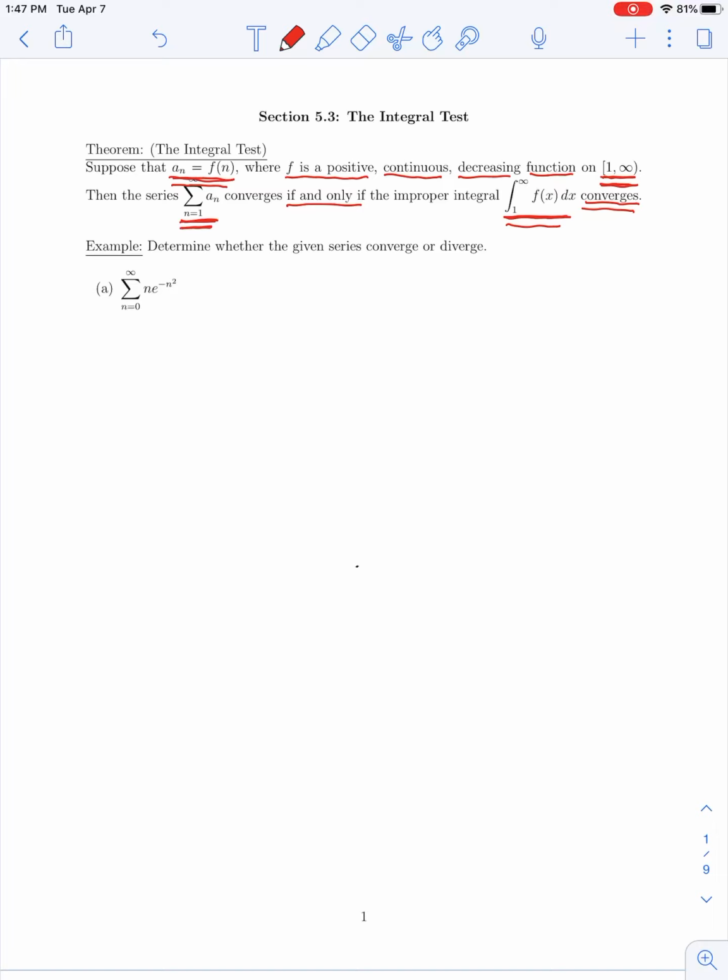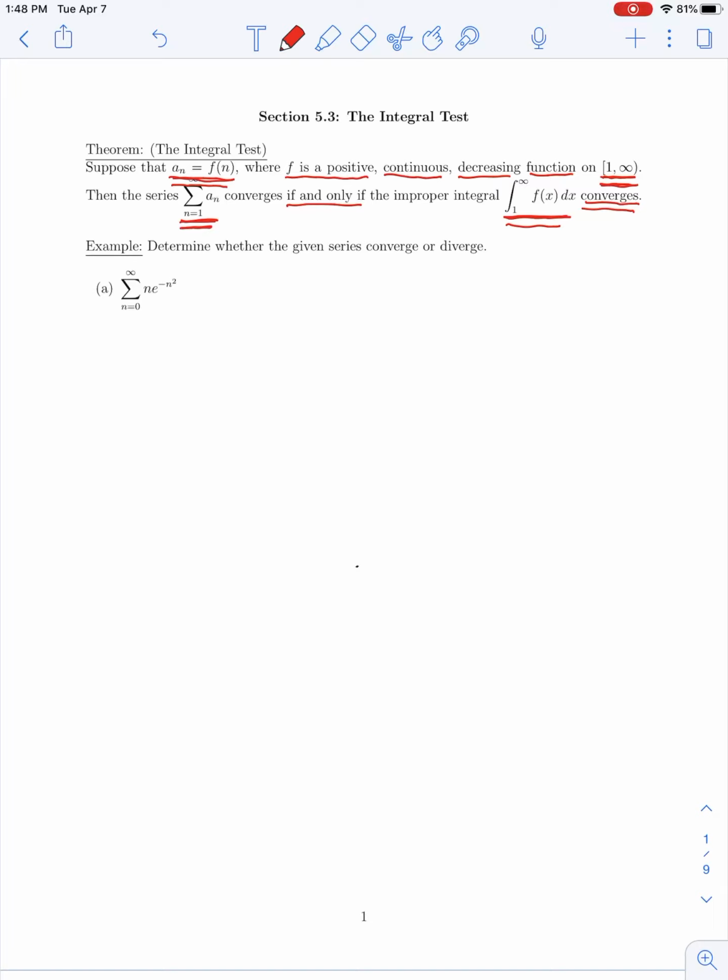So in this next example, we're given a series and we're asked to determine when it converges or diverges. And in part A, we have the sum from n equals 0 to infinity of n times e to the negative n squared. Now, usually for a series, the first test that we want to try is the test for divergence, because that's the easiest test to apply.